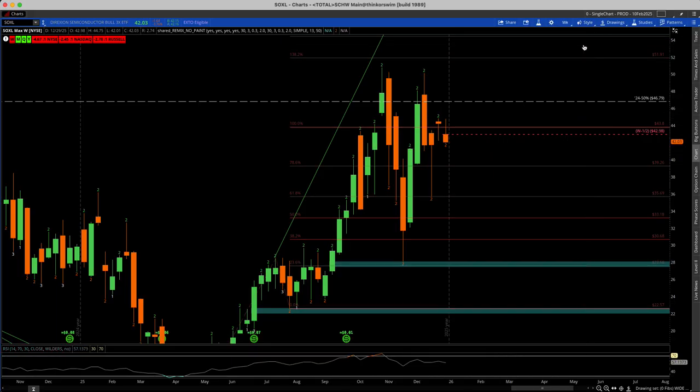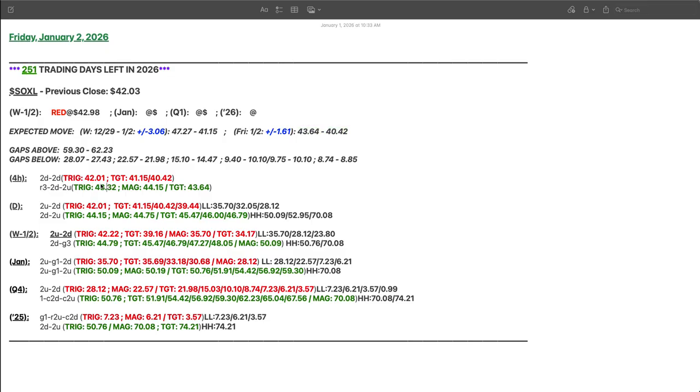Let's go to the notes and just look at the hard numbers here. We think we've gone over enough charts. This is for Friday, January 2nd, 2026. There will be 251 trading days left in 2026 on Friday. We know Wednesday's close was 42.03, and we know that the week is.